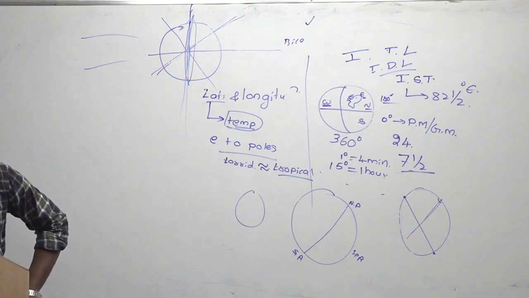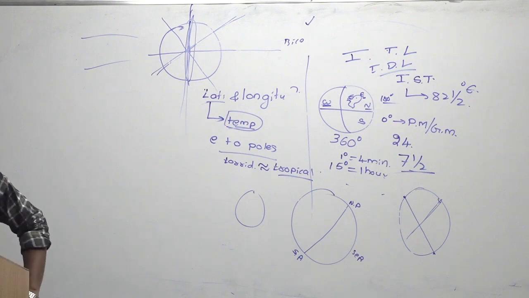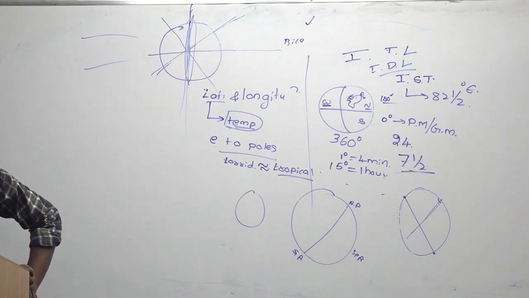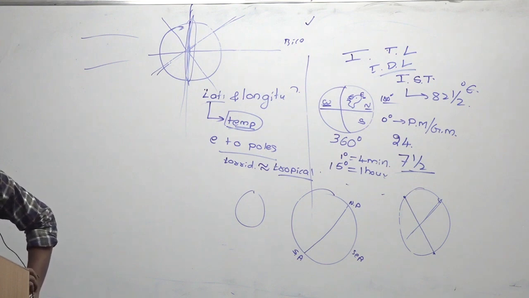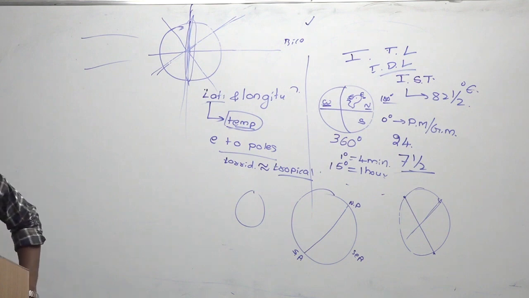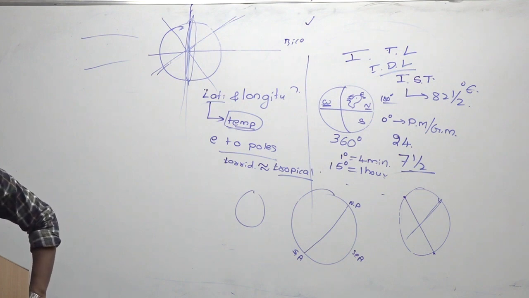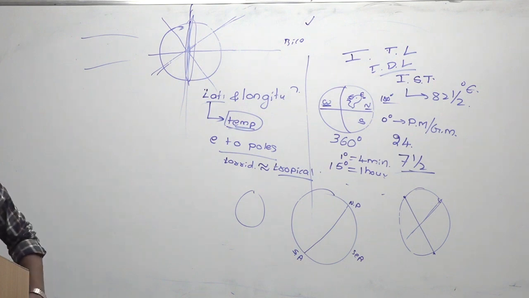Full stop. If we consider latitude, what is the great circle? Equator. If we consider the latitude, equator is called a great circle. Full stop.